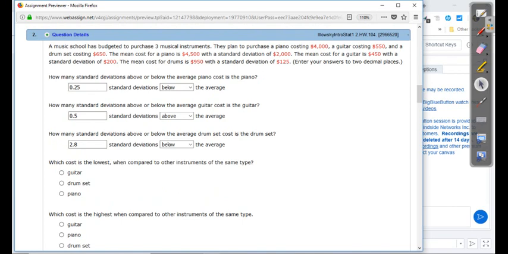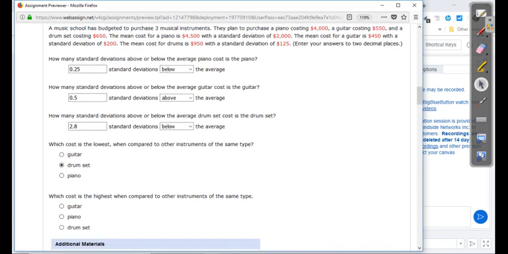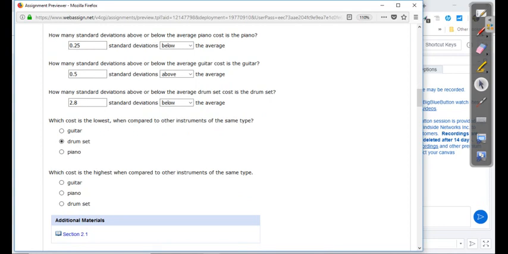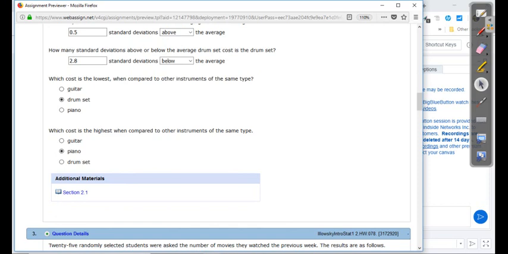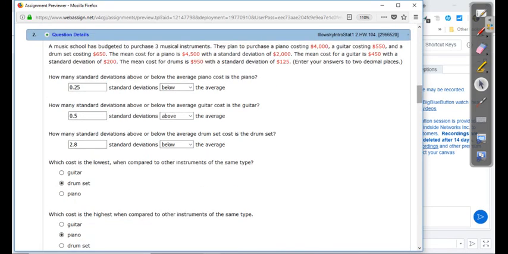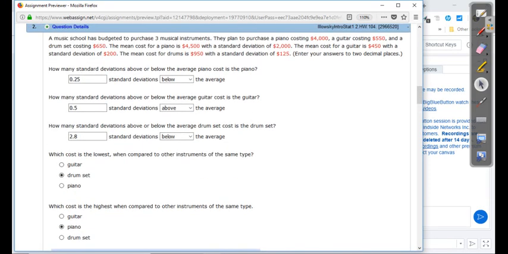And of the two, the drum set is clearly way less than the average. Which is the highest as compared to the other instruments? Any cost that's above is going to be higher than the average, and the only one that's really the highest is our piano. So there we go, there are our answers for problem number 2 on the WebAssign problem.